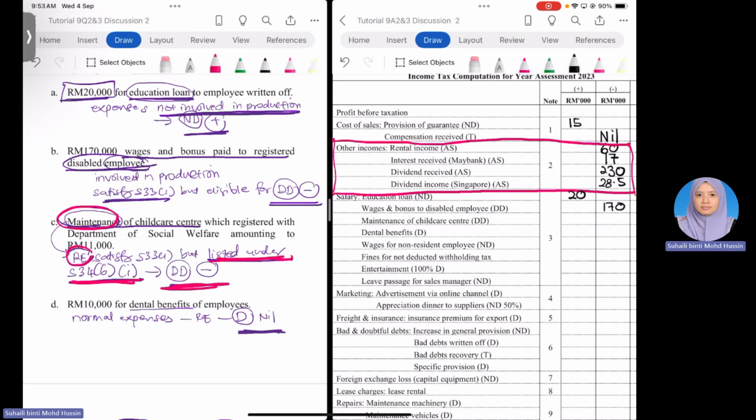So when they maintain the childcare center, this is a normal expenditure, but since it's listed under specific section 34 sub 6 sub I, the company can deduct one more time the amount of the childcare center that they spend. So they already deducted 11,000 ringgit in the SOCI, but they are allowed to deduct one more time in the tax computation at the adjusted business income level.